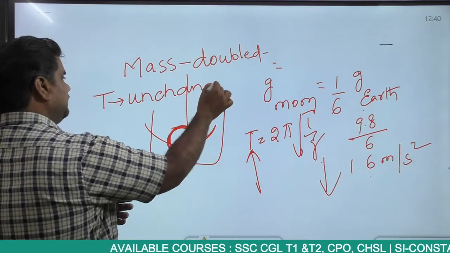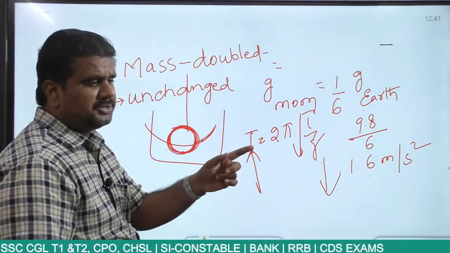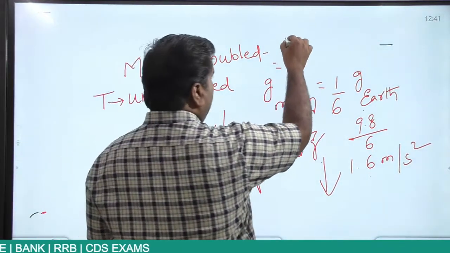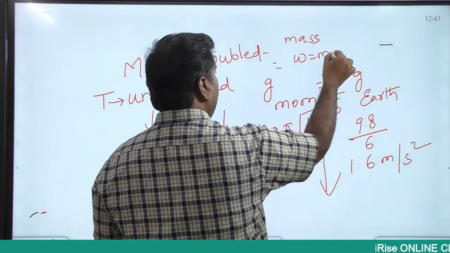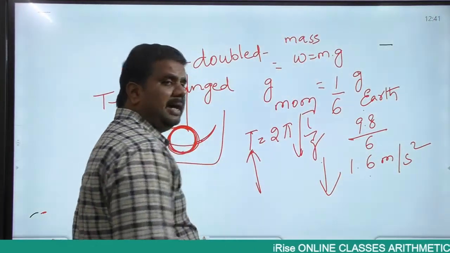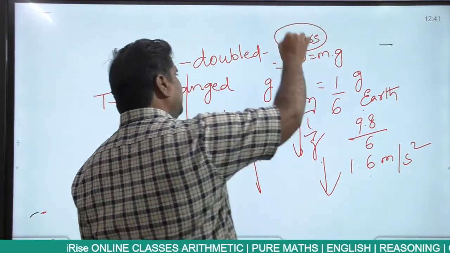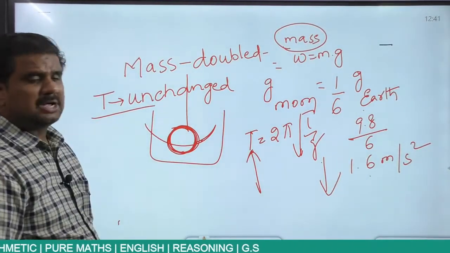I am talking about the mass of the object, not the weight. Mass and weight are different. Weight equals mass multiplied by acceleration due to gravity. So the time period will not change.